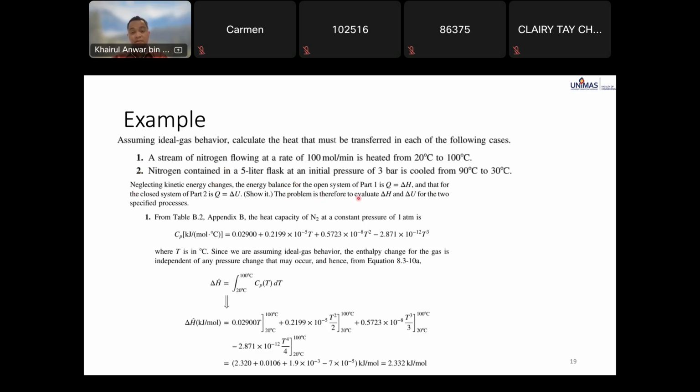The problem is therefore to evaluate delta H and delta U for the two specified processes.